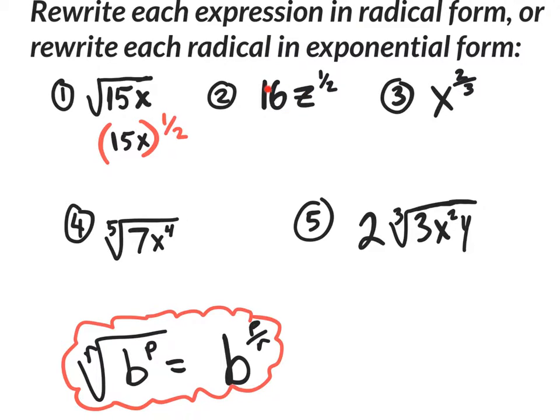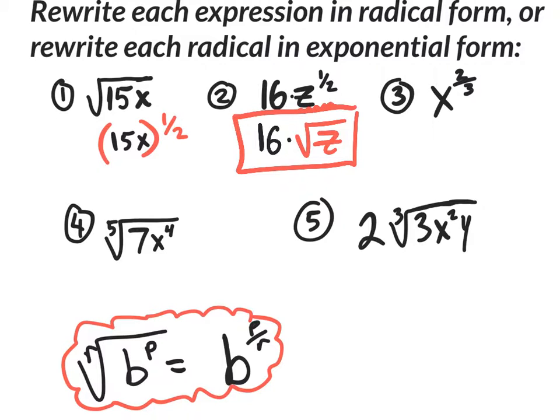This 16 is just 16 times z to the 1/2. So keep that in mind. This says 16 times z, so let's rewrite it as 16 times, but let me change z to the 1/2 as what? To a square root. Square root of z. And that's your answer right there, guys. 16 square root of z.